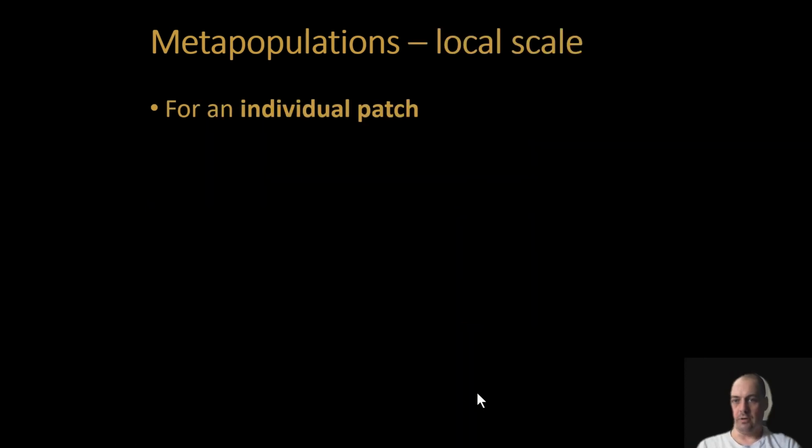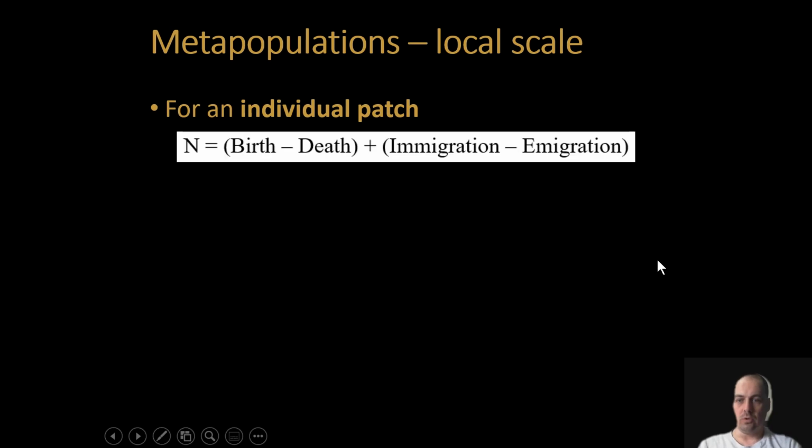So far, our discussion on population size has been primarily based on birth and death. Now that we're dealing with metapopulations, we're going to bring in the migration aspect. So we're going to start at the local scale. What that means is the population size at an individual patch within this metapopulation. So we're going to refer to the BIDE model, which I mentioned at the beginning.